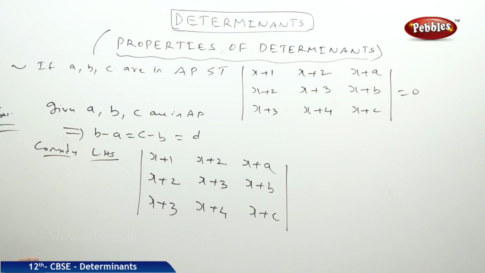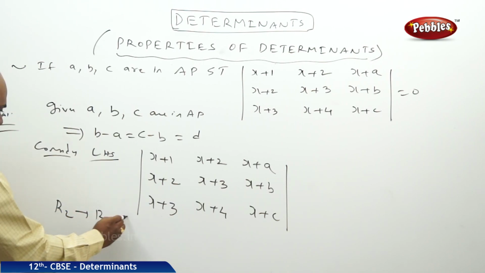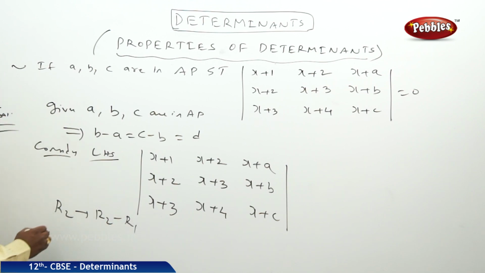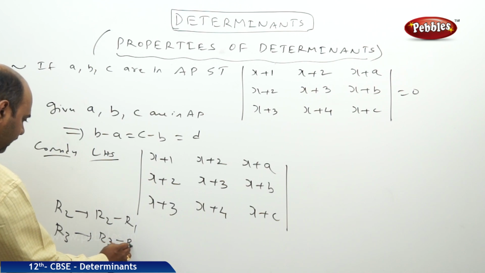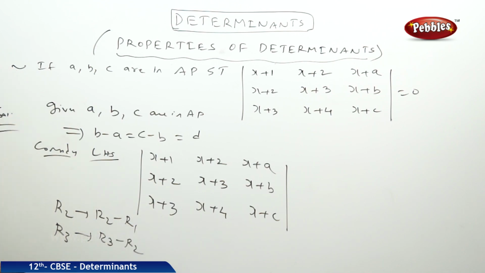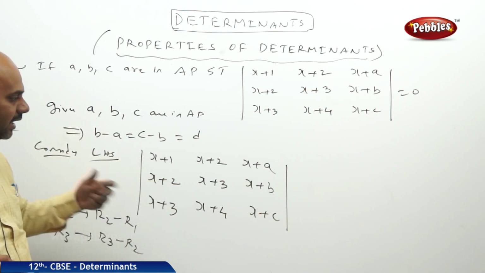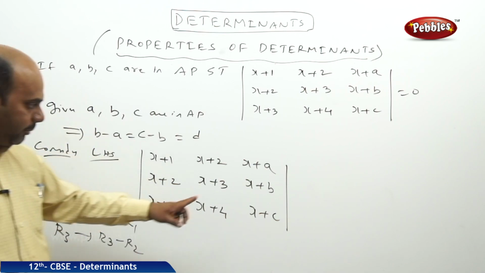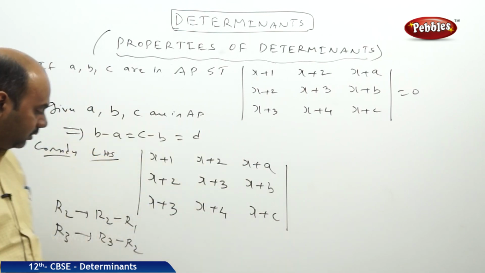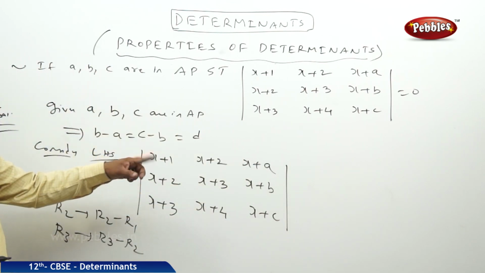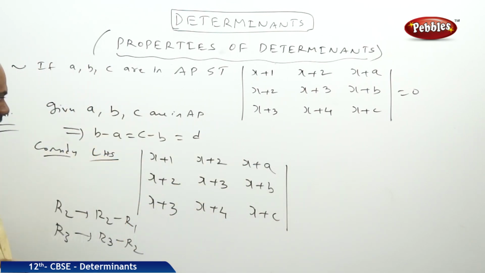Now what I'll be doing is operating R2 implies R2 minus R1 and R3 implies R3 minus R2. How did I get the idea? Here a, b, c are in AP, and b minus a and c minus b I should get. That is possible only when I subtract R1 from R2, and c minus b when I subtract R2 from R3.